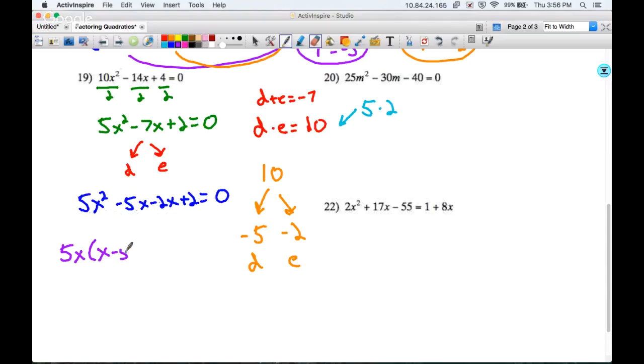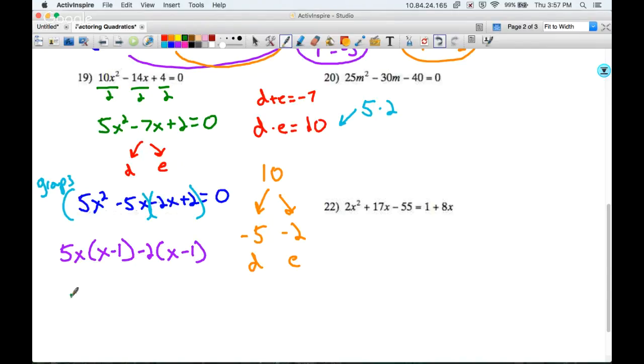We're left with an x minus 1. That's what we get when we pull out a 5x from those first two terms. Sorry, let me show my two groups real quick here with these blue parentheses. Those are my groups. And in that second group, my greatest common factor is a -2. Pull that out, I leave behind an x minus 1.